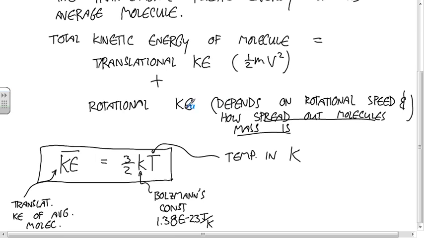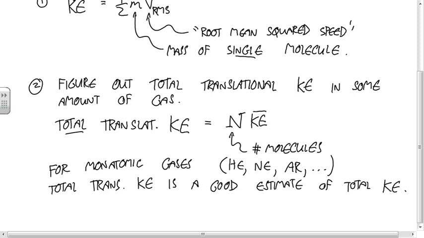Rotational kinetic energy depends on rotational speed and how spread out the mass is. If you have monatomic gases where the molecule is just a single atom, the mass is much less spread out than if you have a molecule with 2 or 3 atoms forming it. So rotating at, say, the same speed, it's going to have a lot less rotational kinetic energy than a molecule that's made up of multiple atoms.